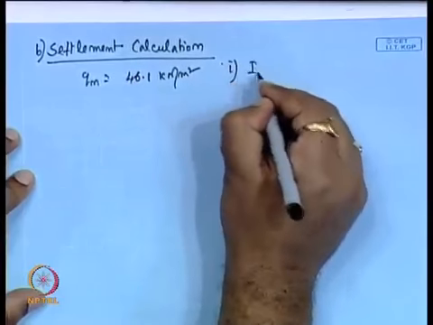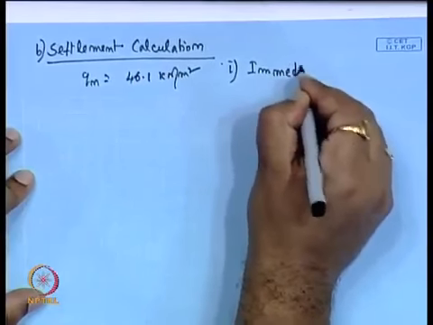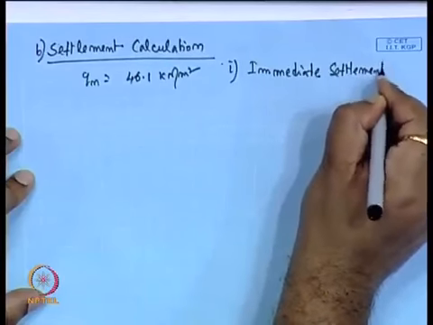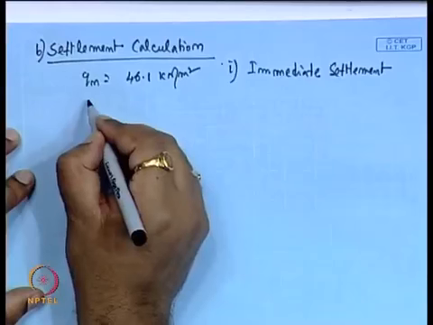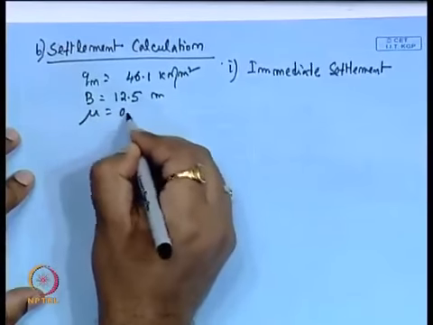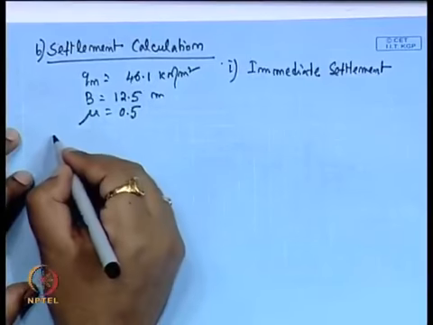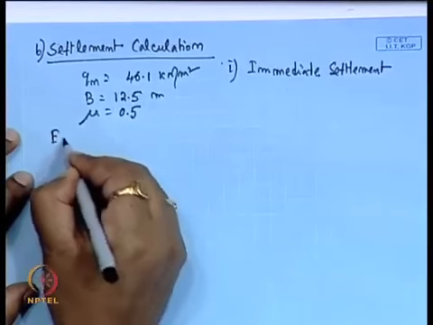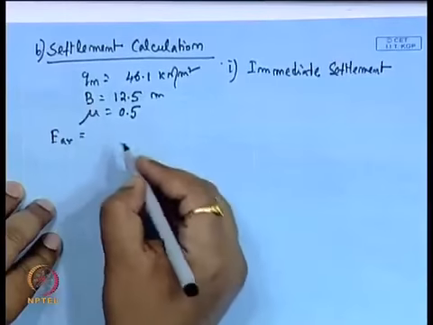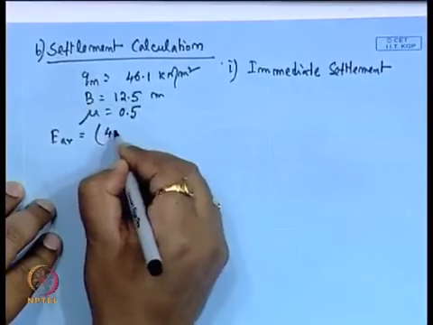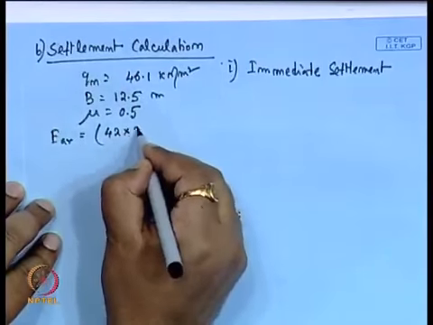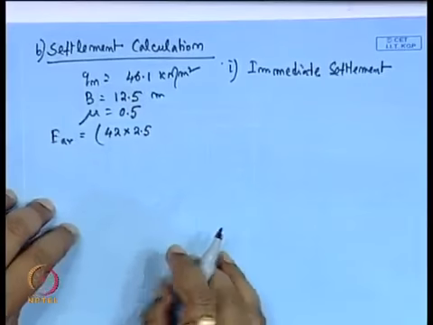So, this is immediate settlement. Then B is 12.5 meter, mu we have taken for the clay soil is 0.5, and we can choose the E average value here, that is 42,000, we are taking 10 to the power 3 outside, and the influence zone is up to 25 meter.